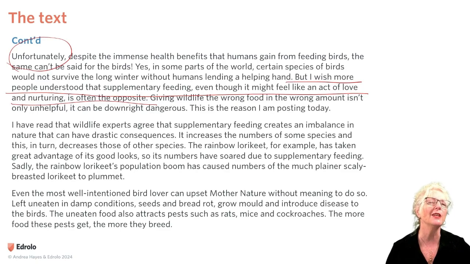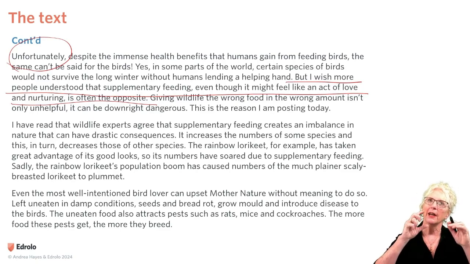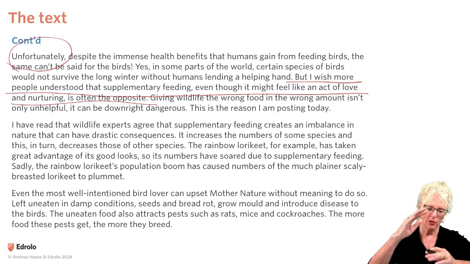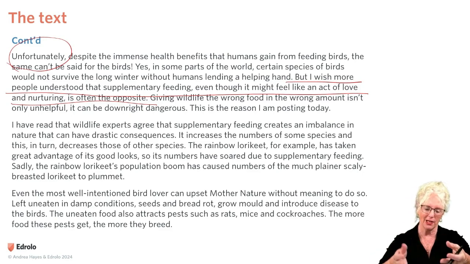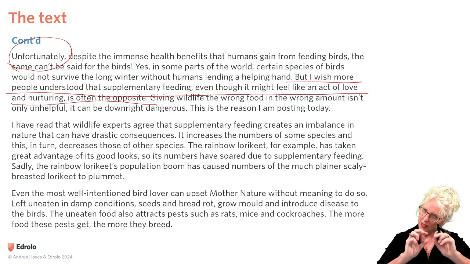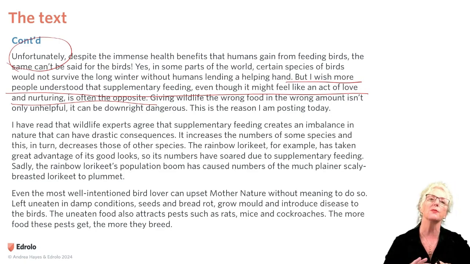It's a very interesting argument style because she's started very strongly, then she says, no, I understand this, and then she's gone, no, this is supplementary feeding, and tries to explain. For me, her purpose is to inform and to educate as well. But she's trying to do it very carefully so as not to offend her fellow members of the group, which is her primary audience.